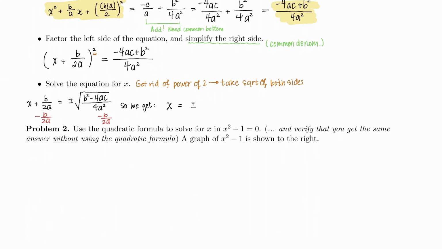In the bottom, I have 4 times a squared, and I can take the square root of that and just get 2a. So x is equal to plus or minus the square root of b squared minus 4ac, all over 2a, minus b over 2a. If I add these over the common denominator, I get negative b plus or minus the square root of b squared minus 4ac, all over 2a. And that is the quadratic formula.